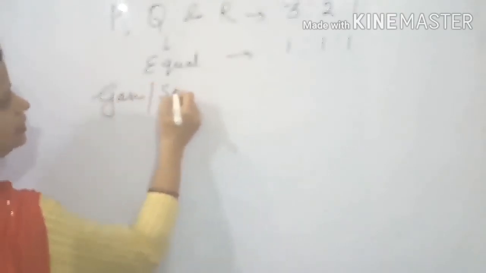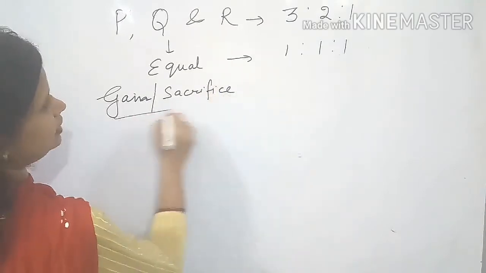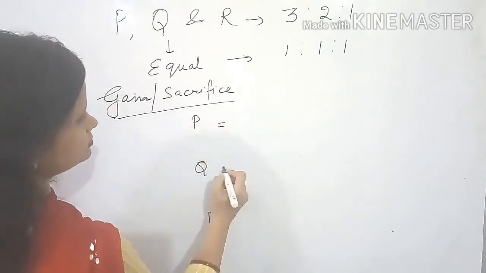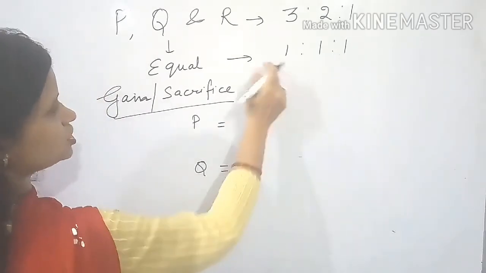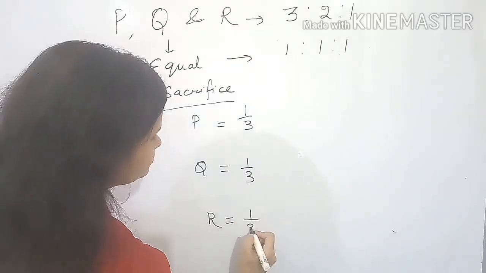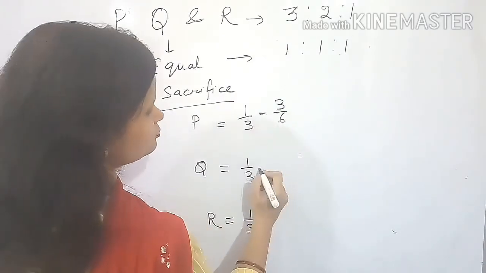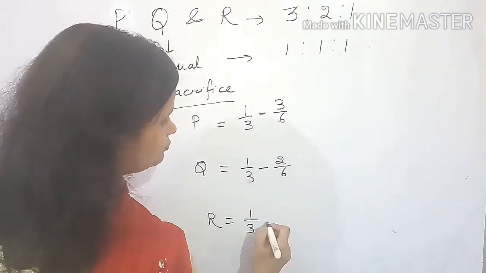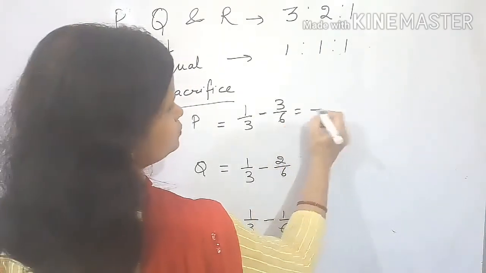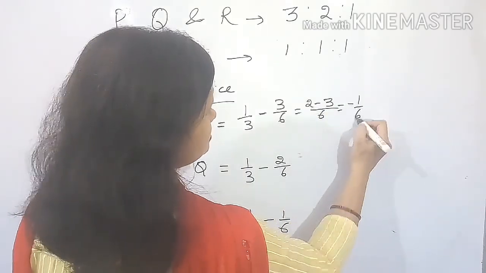First, you will write down the heading, gain or sacrifice. Then all the three partners, P, Q, R. Their new share, 1 by 3, 1 by 3, 1 by 3. Old share, for P it is 3 by 6, for Q it is 2 by 6 and for R it is 1 by 6. If you solve this, it will be 2 minus 3 by 6, and minus 1 by 6.